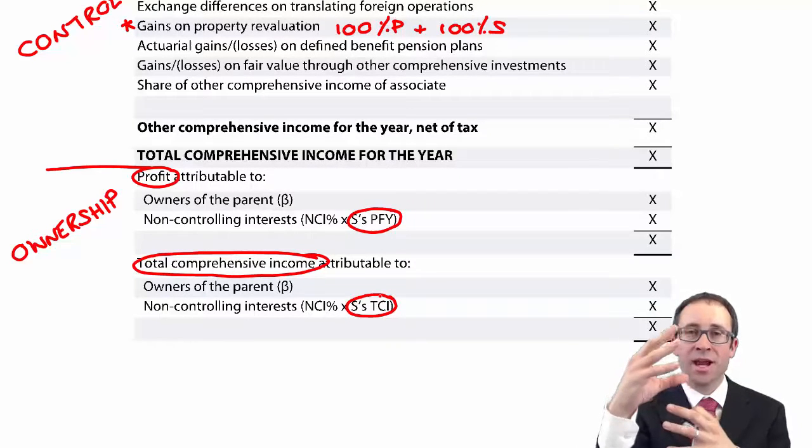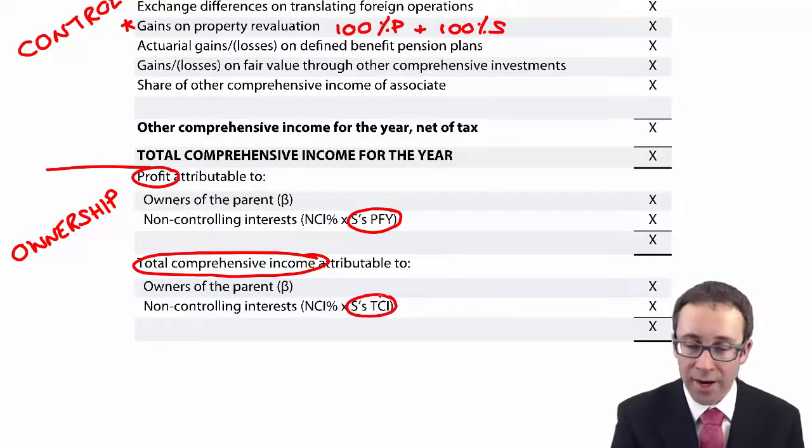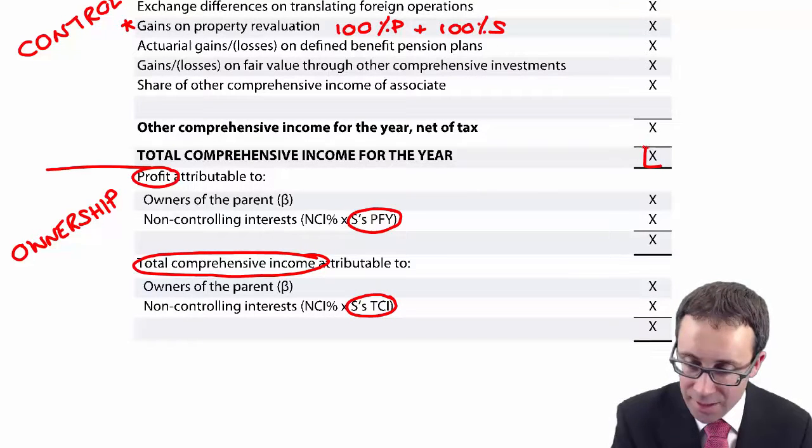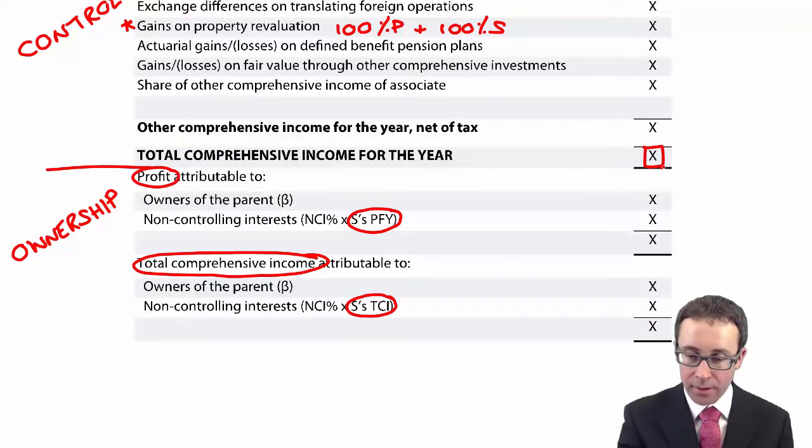Adding the two together gives you S's total comprehensive income, and you can work out the non-controlling interest share of that. Once you've got that, you can work out the amounts attributable to the owners of the parent as a balancing figure, taking the group total comprehensive income figure and deducting the non-controlling interest figure that you've just calculated. Not much to it really.